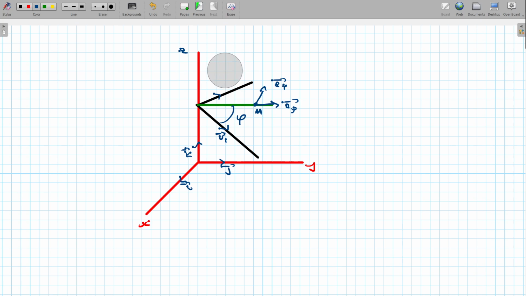So maybe what I can do is get rid of this and write the u2 like this. Okay, and then we also have a line here. I'll draw it in black, and the line is going to be like this.